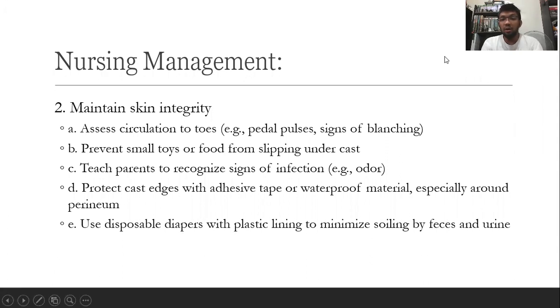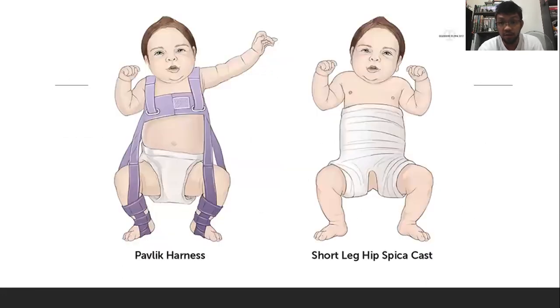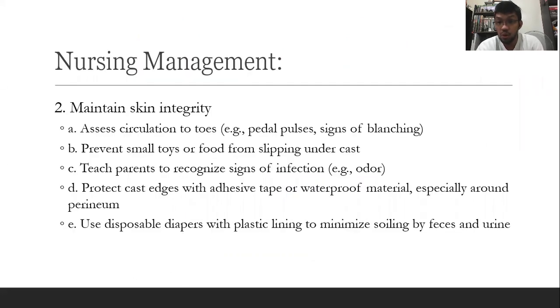We also are going to advise the parents to use disposable diapers with plastic lining to minimize soiling by feces and urine. As you can see here from this illustration, the hip spica cast has an opening for the perineum in order for urination and bowel movement to occur.